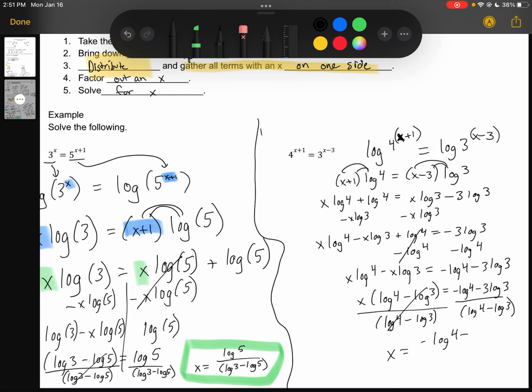So that simplifies, and we're left with x is equal to. And remember, all of these are just decimals. And we have a final, messy, but a final answer with x by itself. So that's our challenge, again, when we're solving these, is just to get x alone.